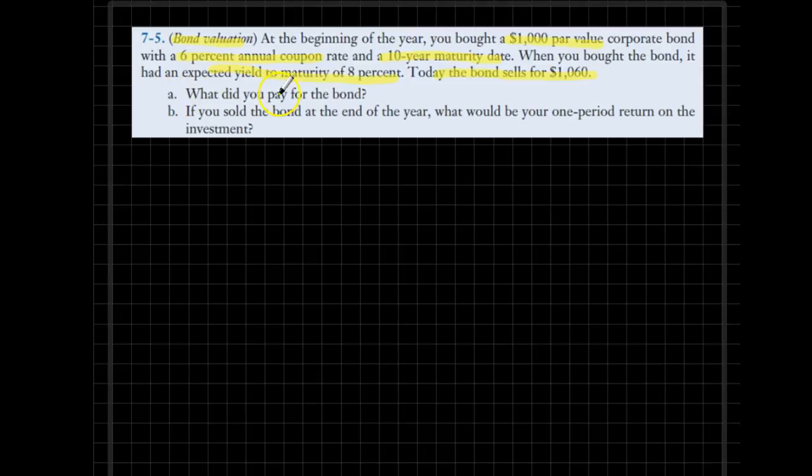We are first to calculate the original purchase price for the bond and then the 1 period holding period return for this bond. So, without any delay, I would like to start from the first part of the problem.